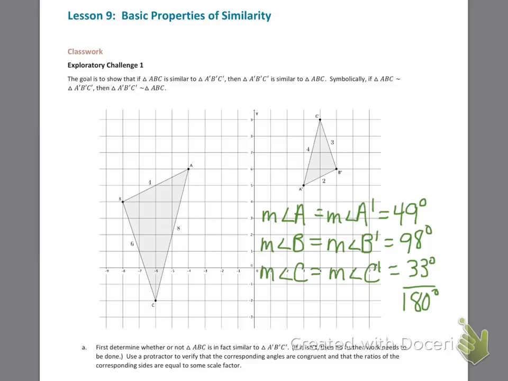So looking at this side length, which is labeled as 4, and this side length, which is labeled as 4. Now these are not corresponding side lengths, but they're on the same diagram. So they clearly can't both be 4, because this one is the hypotenuse of that triangle, and this one is the hypotenuse of a different triangle.